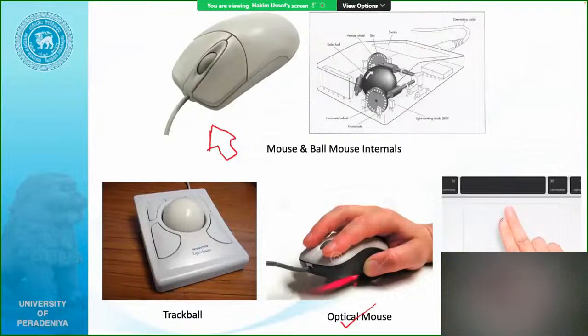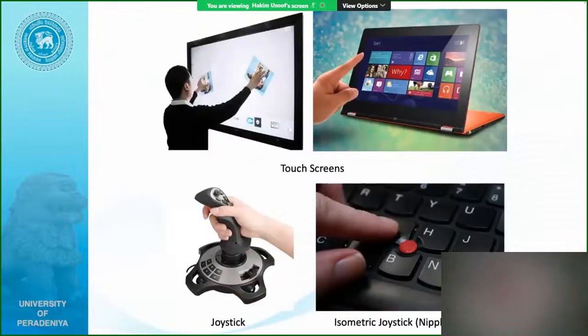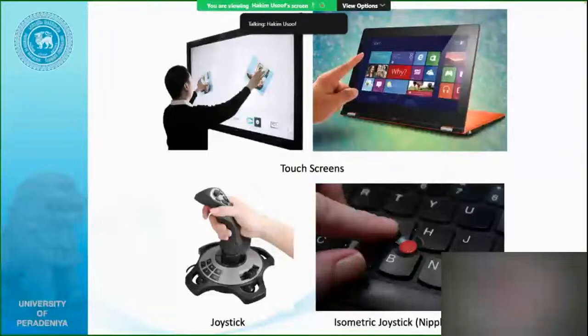And then, of course, nowadays, if you have laptops or stuff like that, you have the touchpad or the trackpad, right? So this is also an input device. The third kind of input device, touch screens, are something very unique, right? Because when you use the mouse or the keyboard, you're only giving an input.